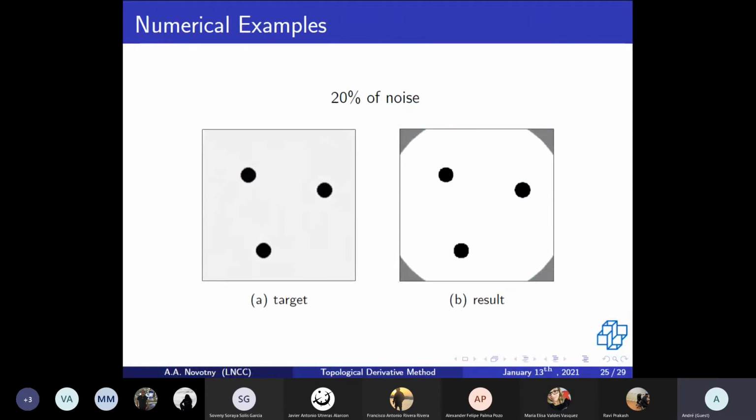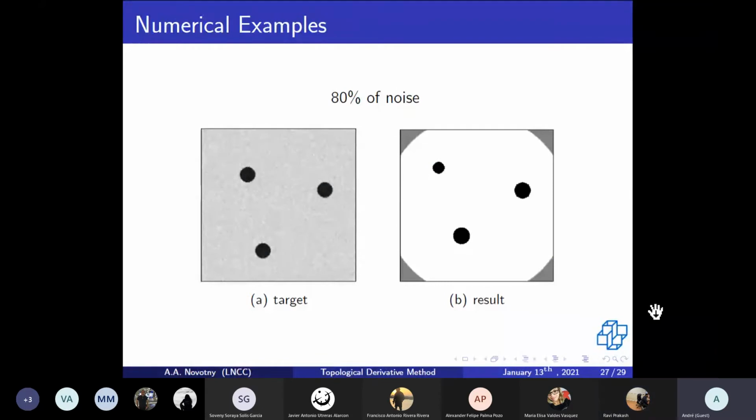And then we corrupt the target with some 20% of noise, and we get a quite good reconstruction. With 40% of noise, we still get a good reconstruction. Okay, there is a small error in the location of this anomaly, I guess. And finally, with 80% of noise, the solution starts to degrade.